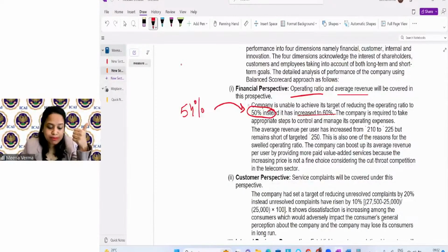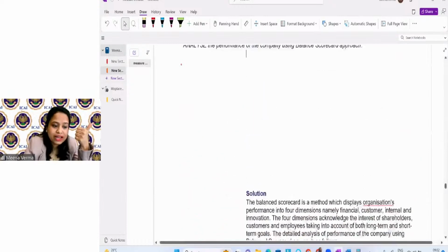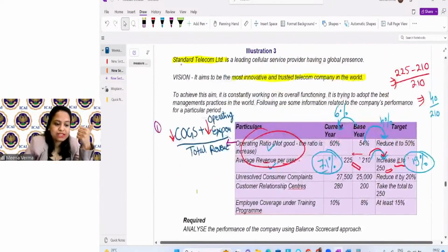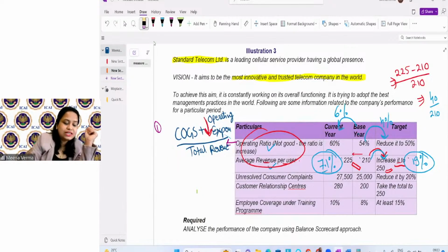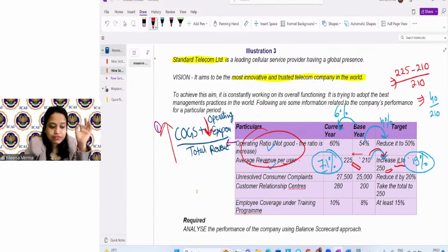ऐसा क्यों हो रहा है? Maybe instead of reducing the operating expenses, the operating expenses have increased. Your target was to reduce this ratio. Reduce means you want to reduce these expenses. So instead of reducing this ratio, what happened? This ratio has increased. Why has the ratio increased?